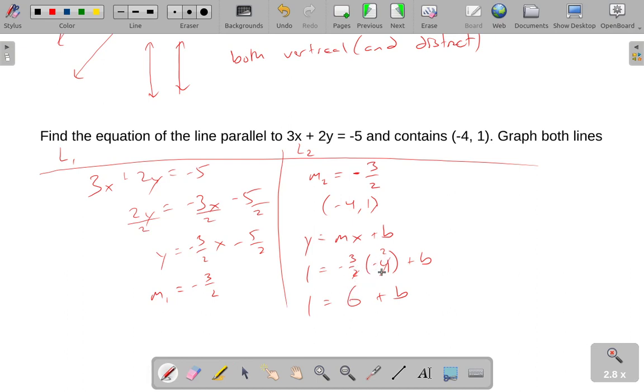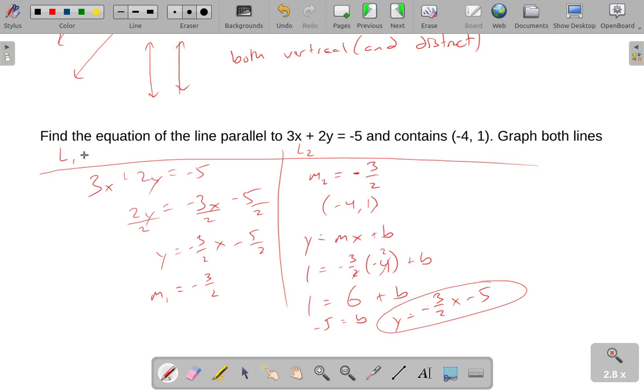Again, I canceled out the common factor of 2. Since this 2 is in the denominator, there's a 2 times 2 if you want to think of it that way. In the numerator here, I have one of those 2's left over. So I get 3 times 2. As far as the negatives are concerned, a negative times a negative is a positive. And then subtracting 6 from both sides, I get -5 equals b. So the equation of this line is y equals -3/2 x minus 5.